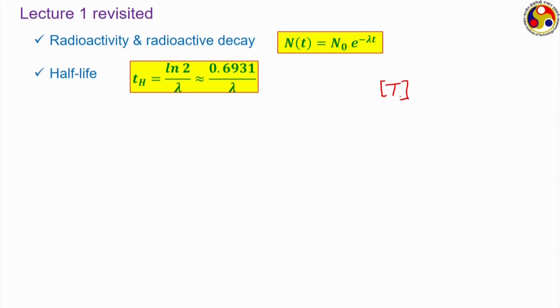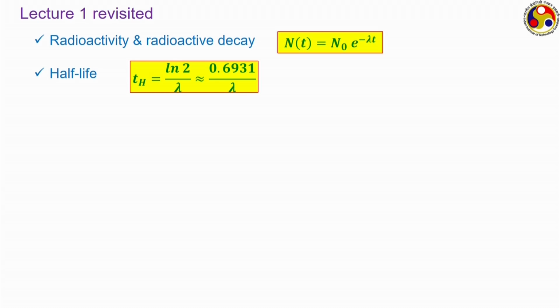Now, we know that the unit of half life is time, because here we are talking about the time span. Then what should be the unit for the decay constant, as they are inversely proportional to each other? So, since the half life has the unit of time, the decay constant must have its unit as time inverse. So, depending on what kind of material we are talking about, we can use second inverse or minute inverse or even larger units to specify the value of decay constant.